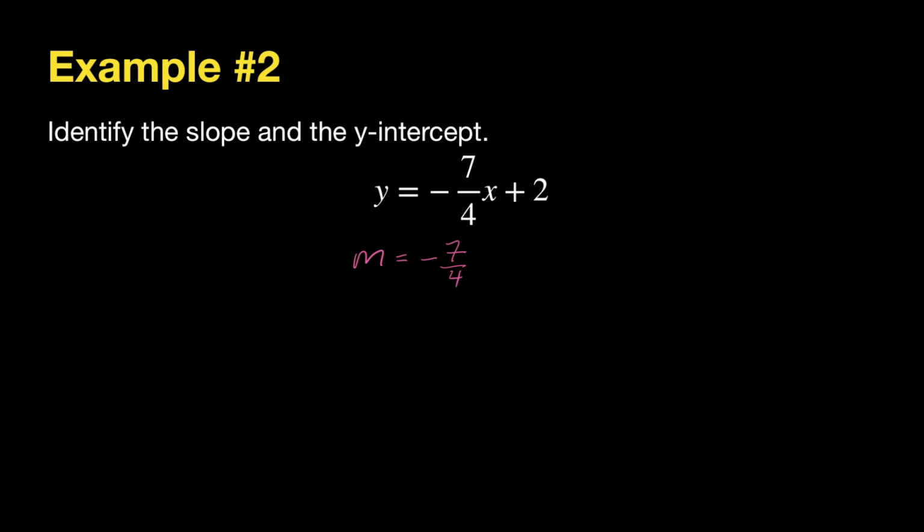And your y-intercept is going to be, again, the constant by itself, so b is equal to 2. In this case, because the slope is negative, our graph will be decreasing as we move to the right.